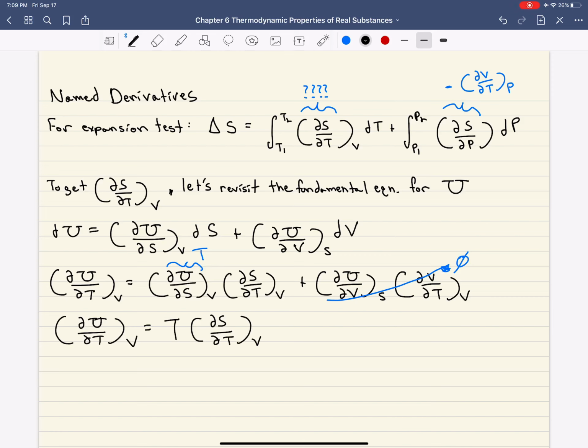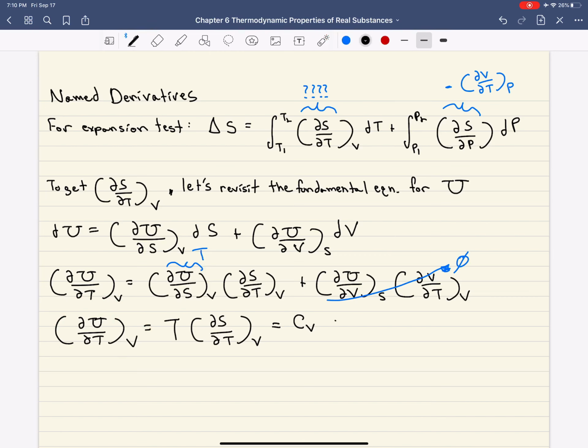And so we're closer now. We were looking for this. Now we have an equation with that in it, where temperature is something that we can measure. But what about this, dU/dT at constant V? Well, we know from the definition of the constant volume heat capacity that Cv is just equal to dU/dT at constant V.